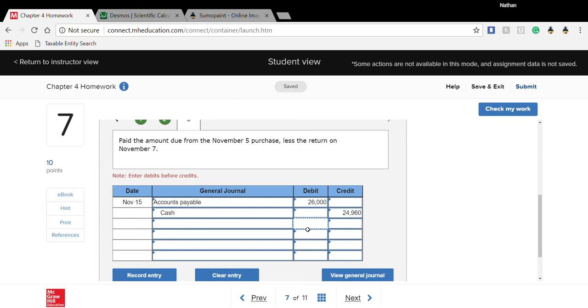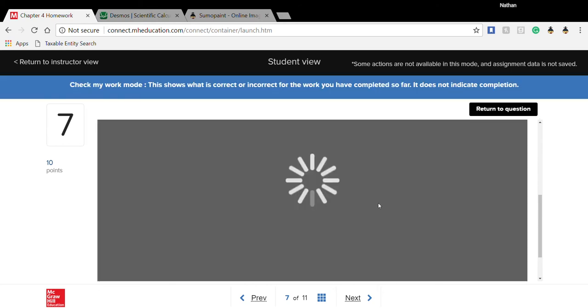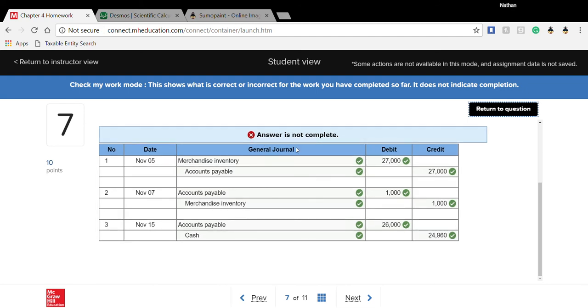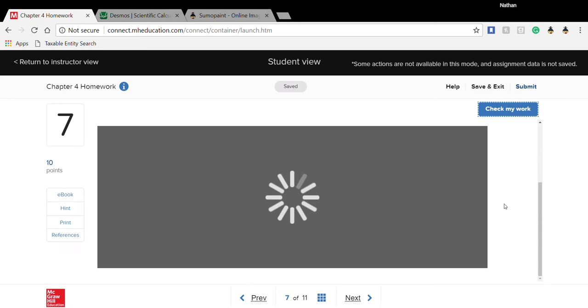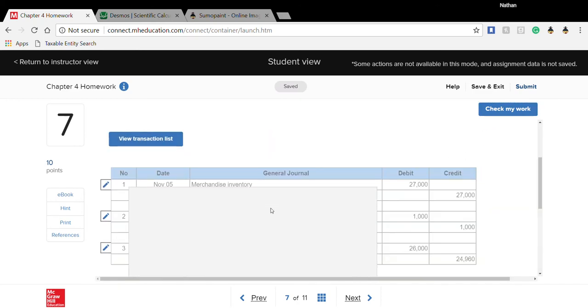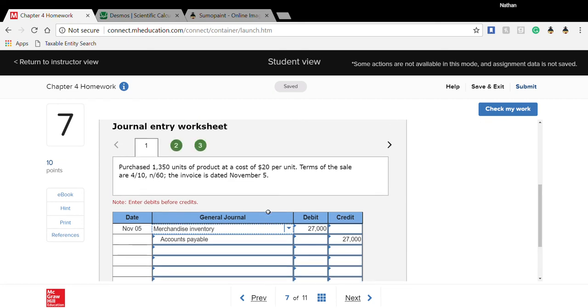Since that's the case, this difference, because as you can see, it's not in balance, they don't equal. If you just thought it was those two accounts, Connect is going to show you the answer is not complete, but notice it's not going to tell you what's missing. Since we know that those two aren't in balance, we have to finish it up. So going back to 3.